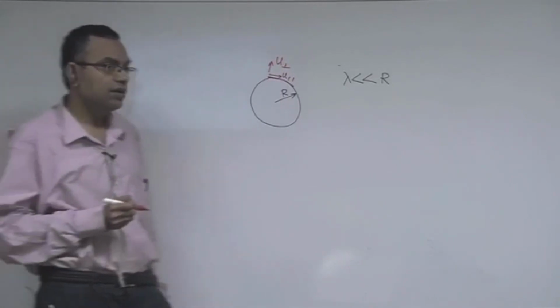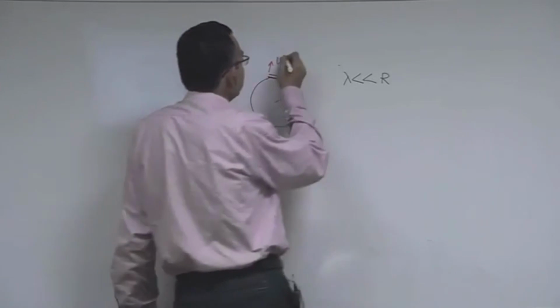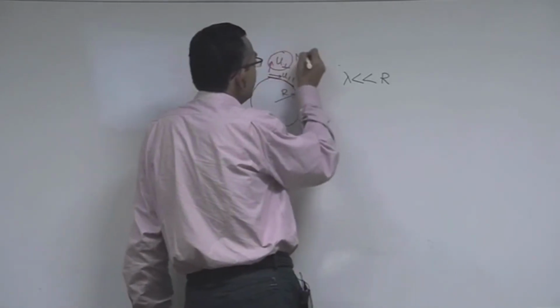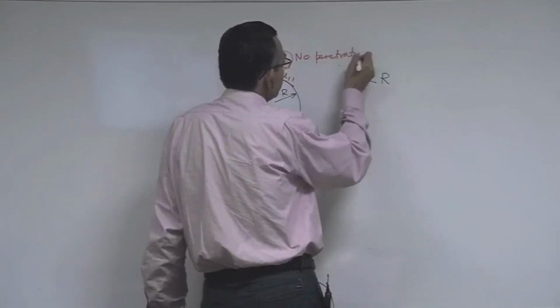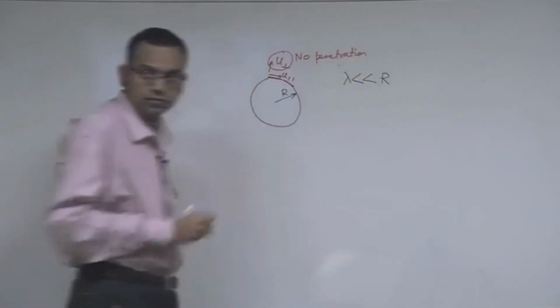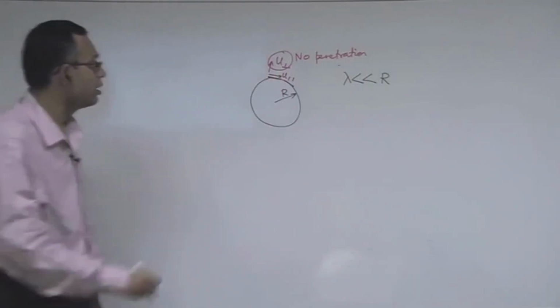U perpendicular of course is not there because of no penetration, so this is 0.